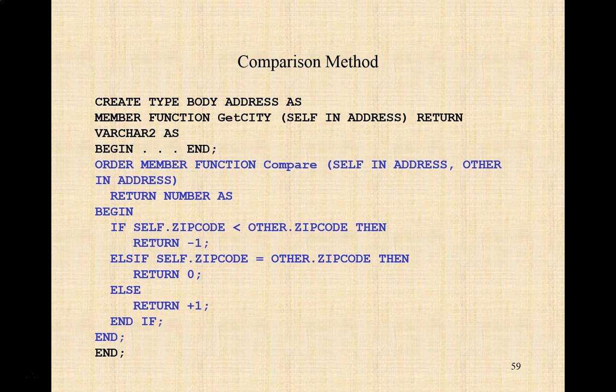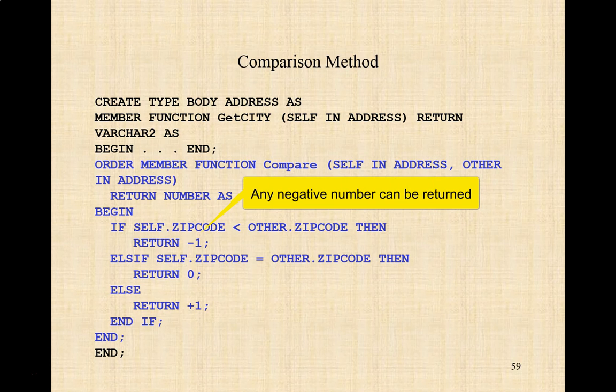Here's an implementation of an order method. What we're doing again is accepting the current object and some other object as input and returning a number. The number we return is determined based upon the value of the zip code of the current object and how it compares to the value of the zip code of the second object. If the current object has a value that's less than, we return a negative number.